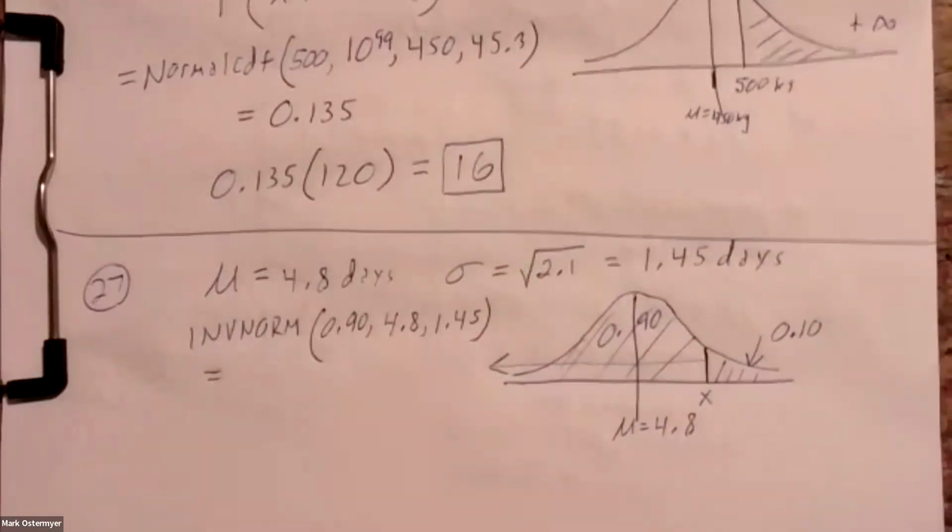Let's bring that up on our calculator here. So the area, again, is 0.90. The mean is 4.8. And the standard deviation is 1.45.